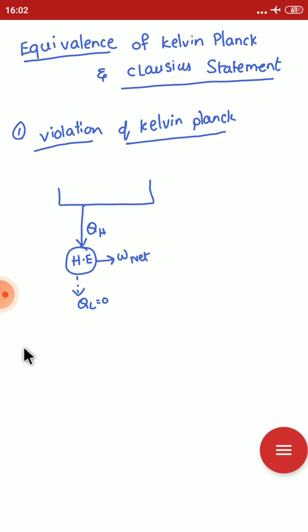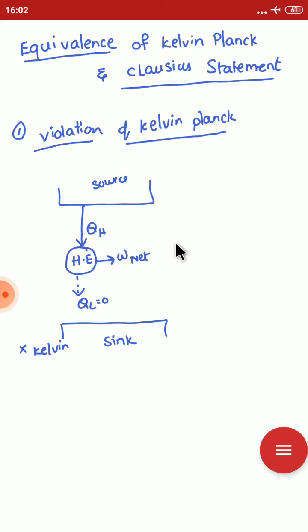This is the violation of the Kelvin Planck statement, right? There is no heat loss to the sink. This is the source.